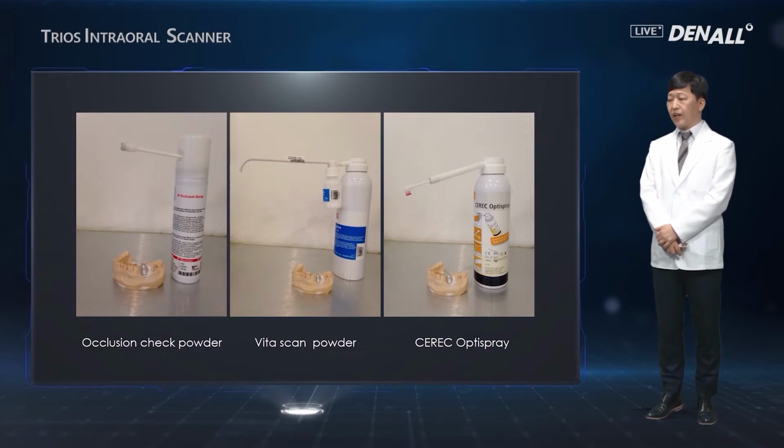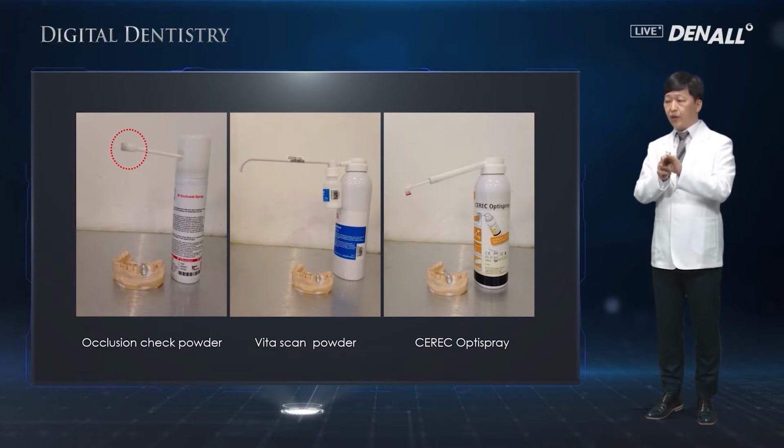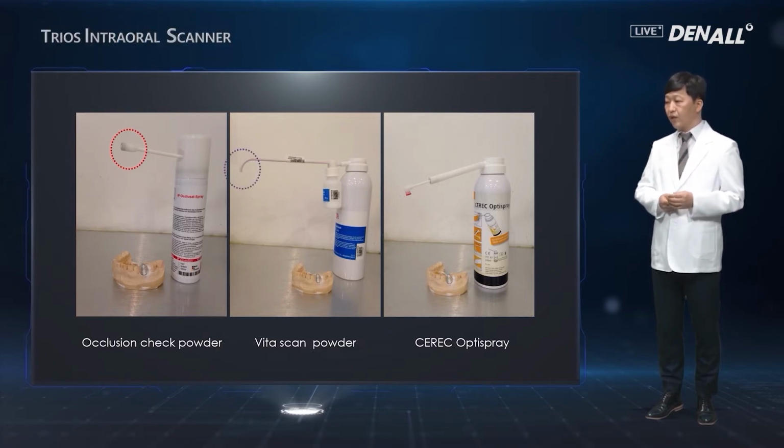There are many different powders for scanning. The first powder is not for oral scanners. It is used to measure the vertical dimension of occlusion. With such powder it is hard to adjust the thickness, and the spraying outlet is a straight line, so it's hard to spray powder evenly, so it is not recommended for oral scanning.